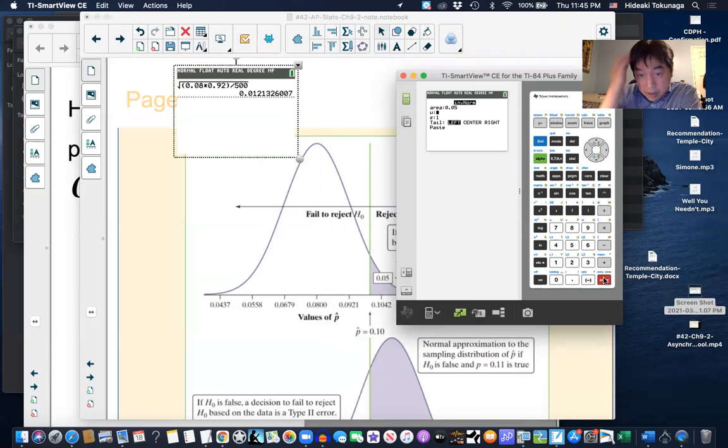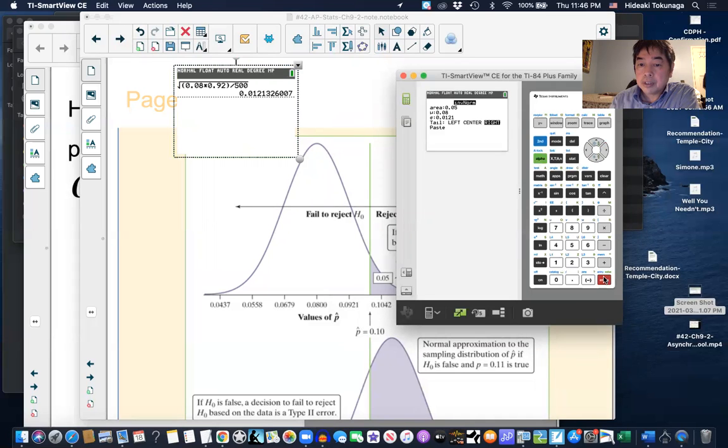Enter. Mu is 0.08, which is p, right? Now, standard deviation is 0.0121. Okay. Now it's going to be the right-hand side tail, so I will select right-hand side.